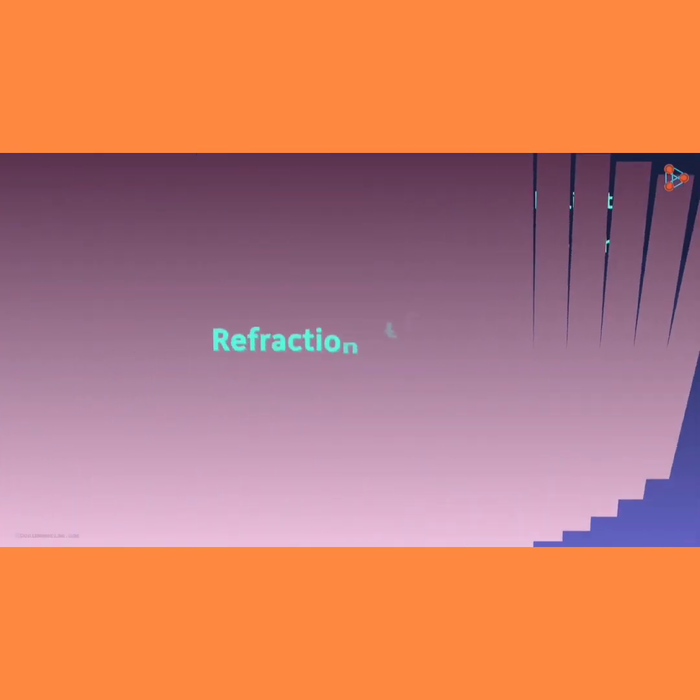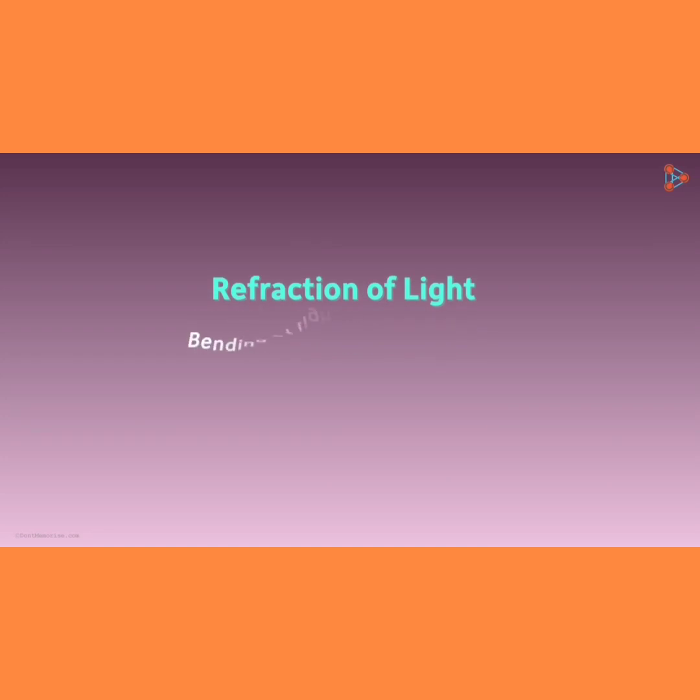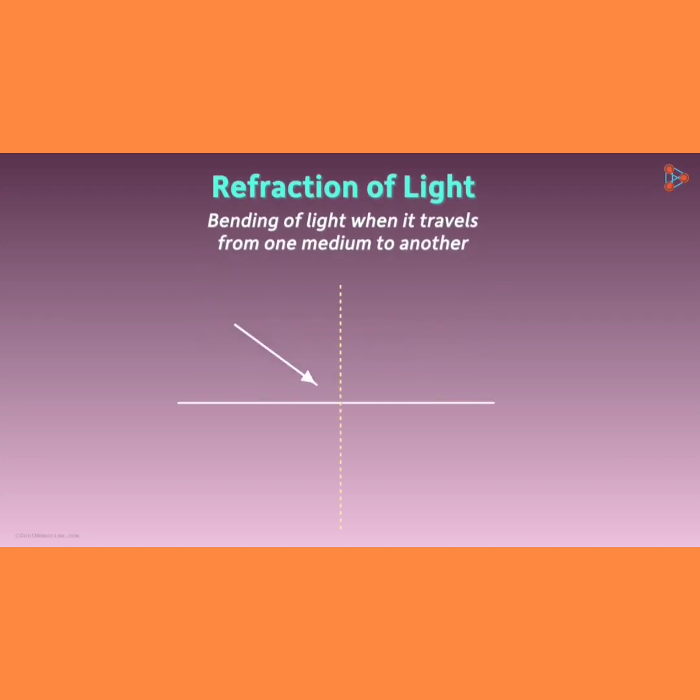So what is refraction of light? Here's how we define it in simple words. It's simply bending of light when it travels from one medium to another. If it is incident at this angle, then it goes through at another angle. Consider a transparent object kept here, say a glass slab. Suppose light traveling through air is incident obliquely on the surface of the glass.